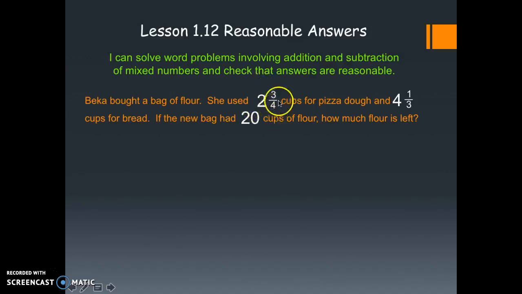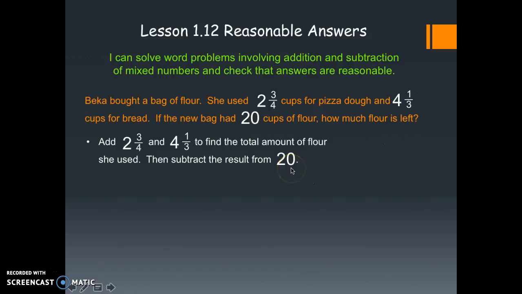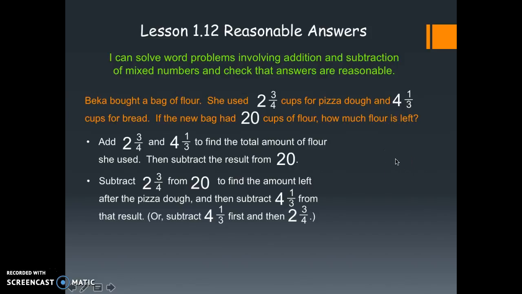We could combine what she used for pizza dough plus what she used for bread, and since it says how much is left, we could subtract that total from 20. Or we could start with 20, subtract what she used for pizza, and subtract what she used for bread. So that's what I've described here.